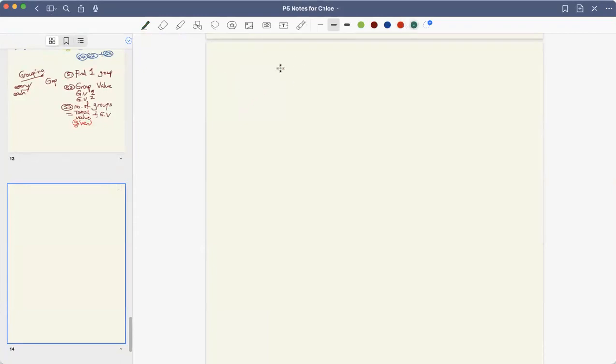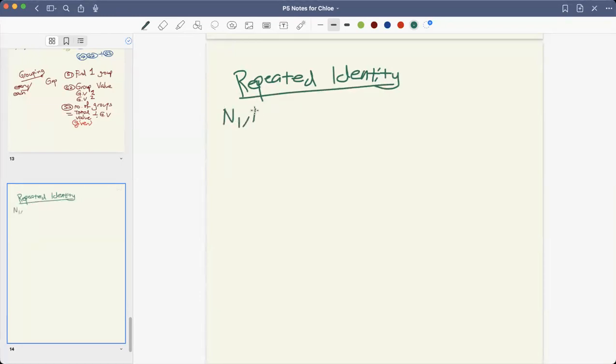Repeated identity. Okay, repeated identity. This is simple. Oh, we still have a few more. Okay. Name 1, name 2, name 2, name 3.